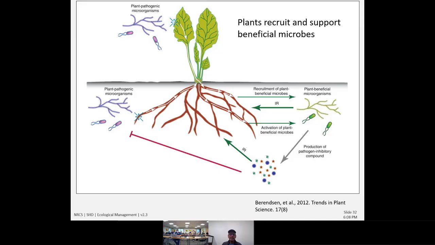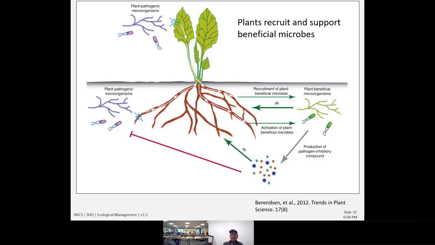Here you can see the microbes can rescue, and this is a model of recruitment and activation of beneficial microbes by the plant's uptake attack.